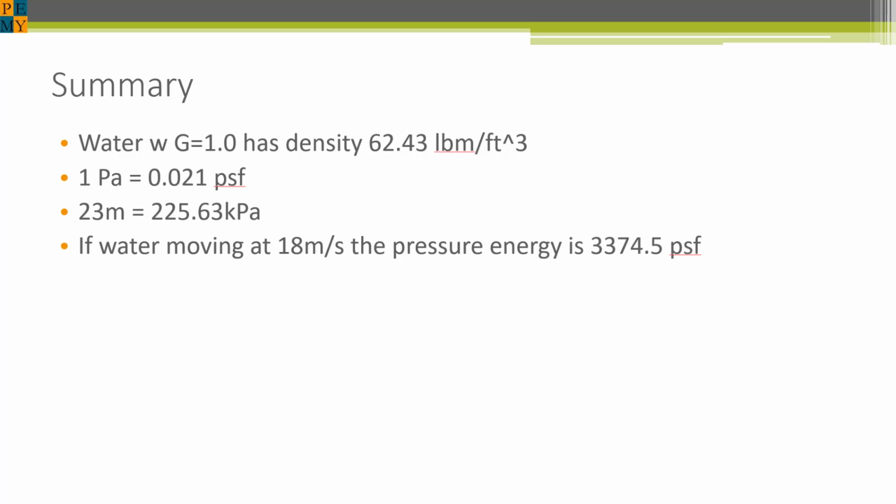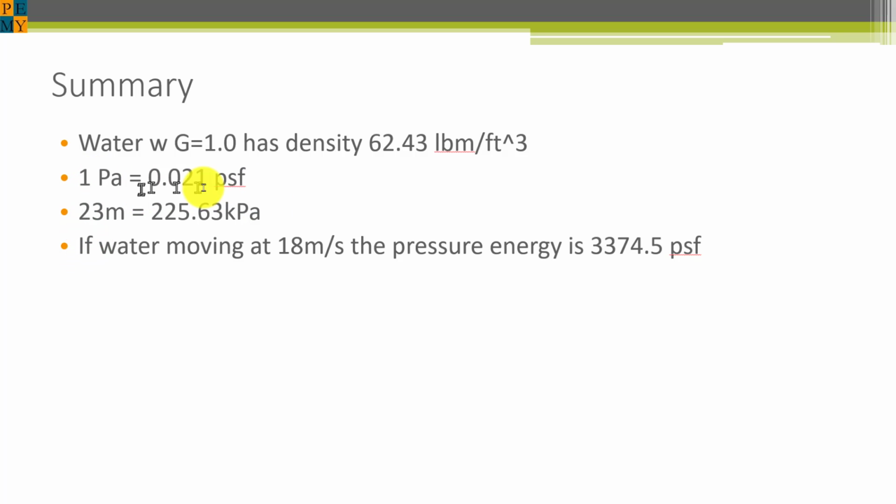Summary. What have we learned? Well, with water, we computed a density of 62.43 pounds mass per cubic foot. I usually just use 62.4, and that's generally close enough for the engineering answers that are needed. 1 Pascal is 0.021 PSF.